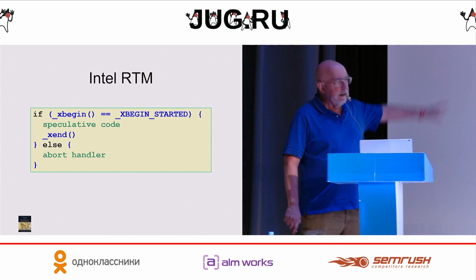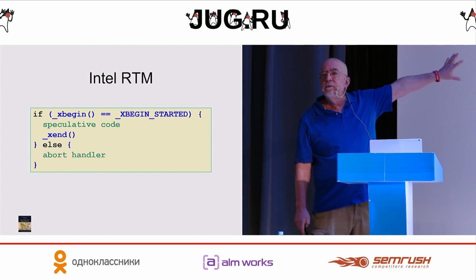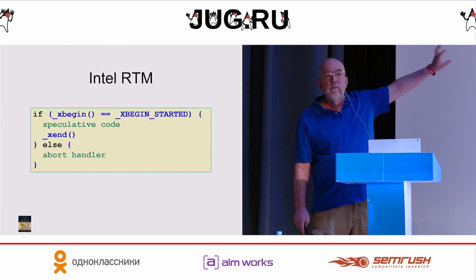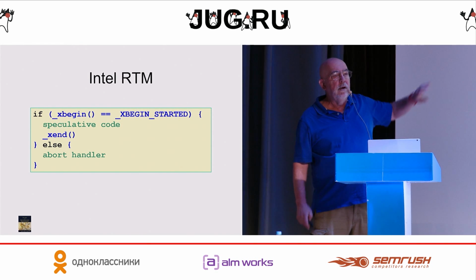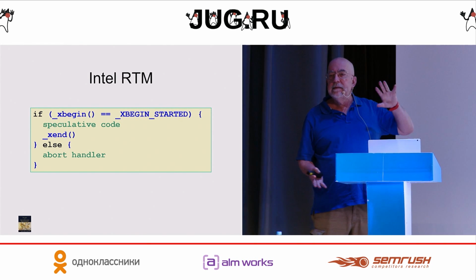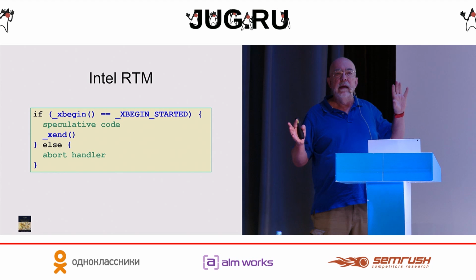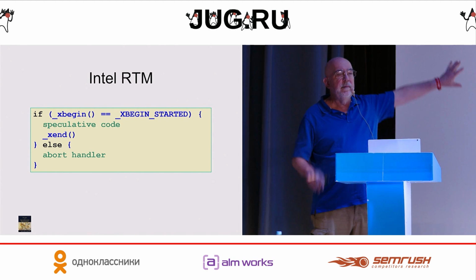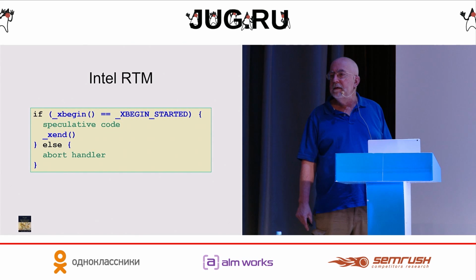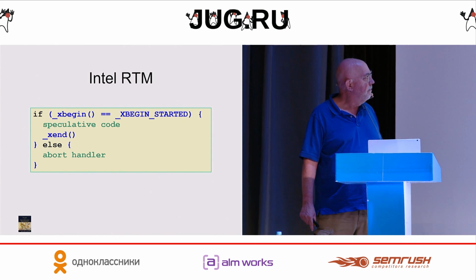As you might guess from looking at this, the interface is a little strange. And the reason it's strange is because of the way the hardware is set up. So after I guess a 15-minute break, I will reveal the mystery behind programming these kinds of systems.